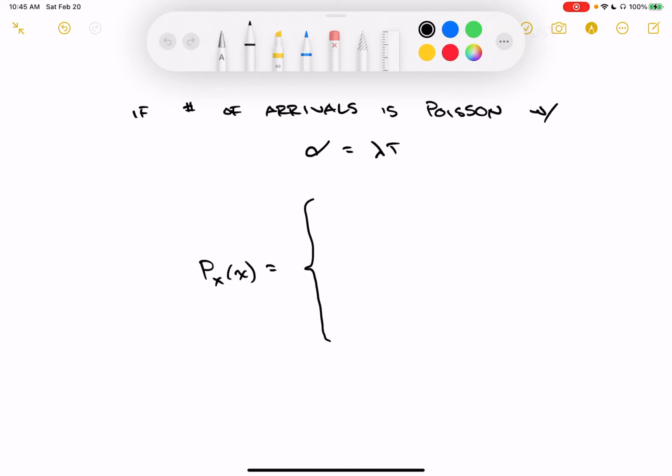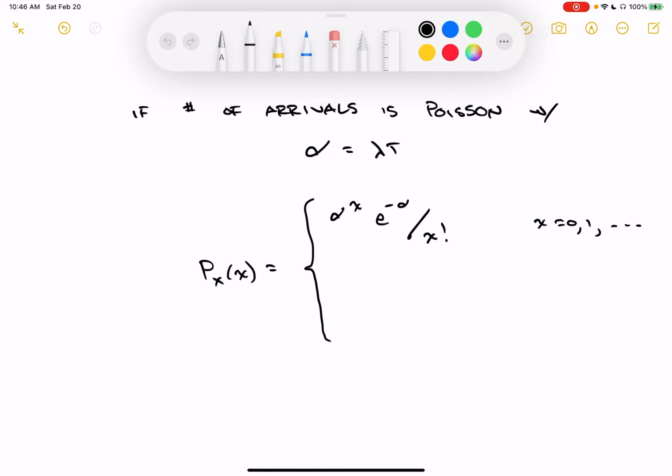So P_X of x is equal to alpha to the x, e to the minus alpha, divided by x factorial. Deriving where this came from is a little outside of our needs right now. What's the range space? It's going to be 0, 1, going on out to infinity. You could have nothing arrive, or one thing arrive, or two things arrive, or potentially a huge number arrive.